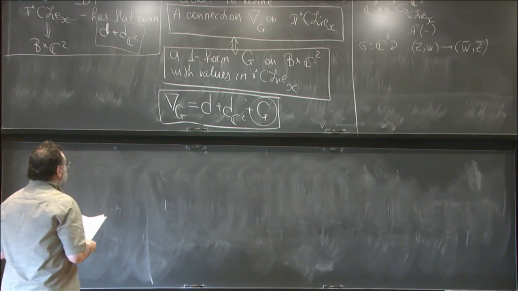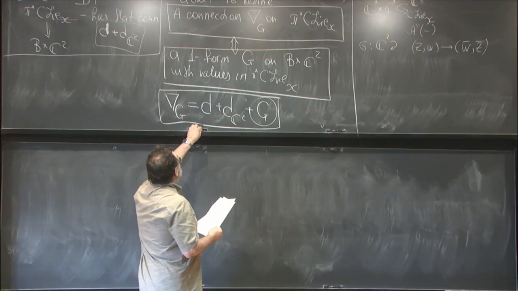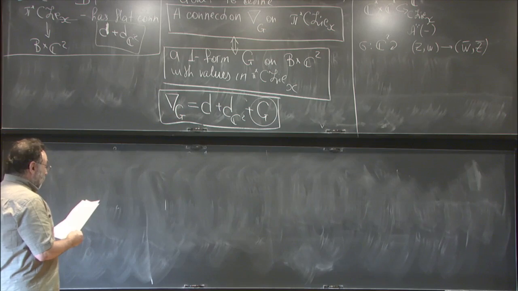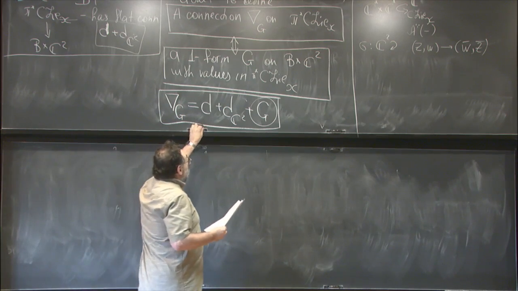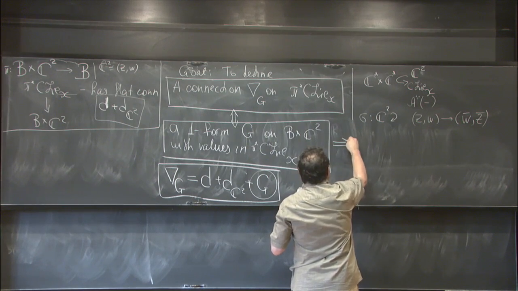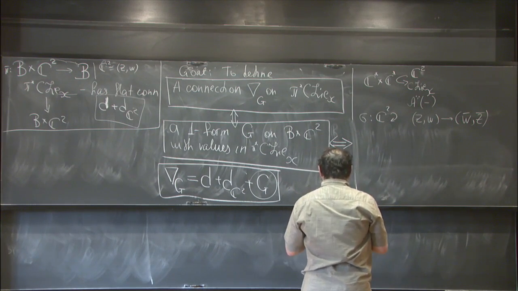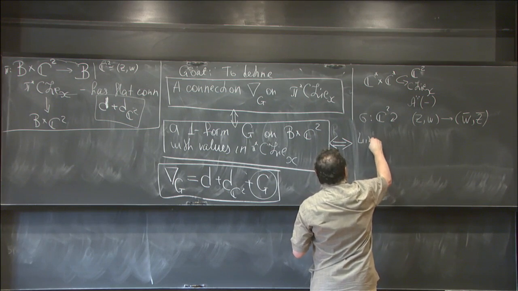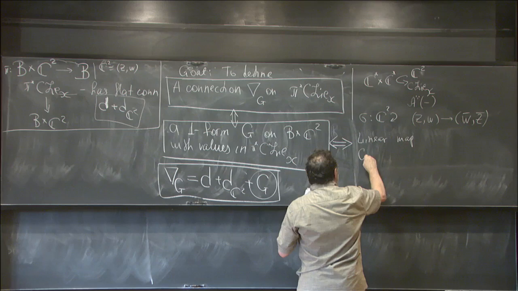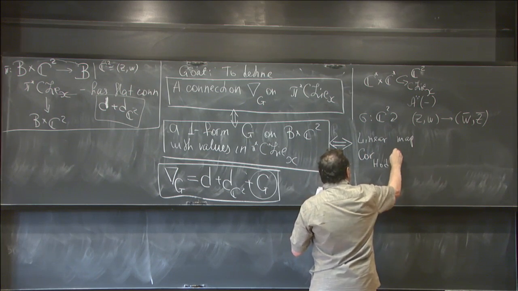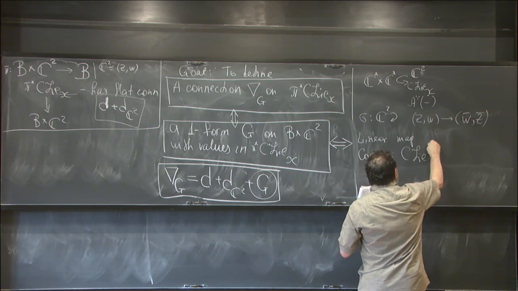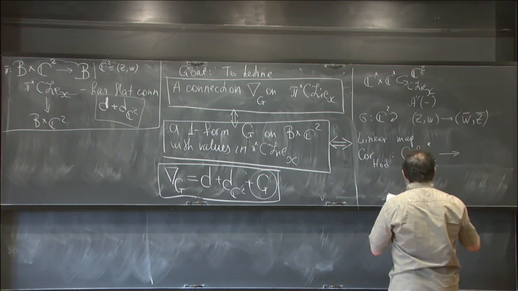First of all, all I need to do is construct one form on B cross C2 with values in this Lie algebra. But this is the same as constructing a linear map, which I call the Hodge correlator map, going from C Lie star of X to one forms.